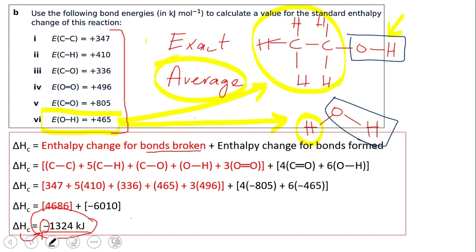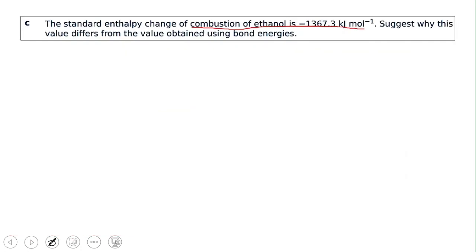If we use the exact values, it will be a little different for each OH, not the same 465, and then we can get the same answer, 1367.3.